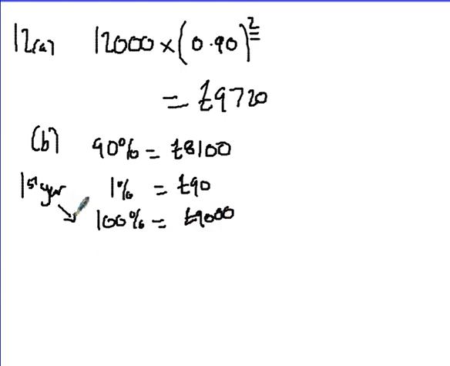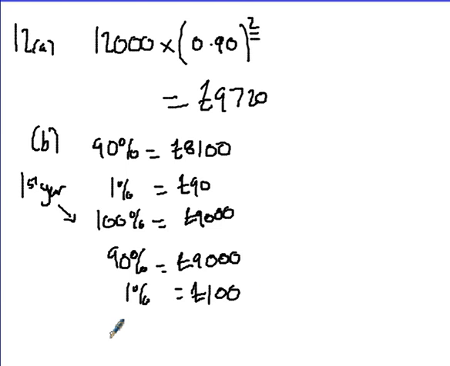That's after the first year. Then that is actually 90% of what it originally was, so divide by 90 again. This time gets you 100, and then times by 100, which gets you £10,000 of its original value.